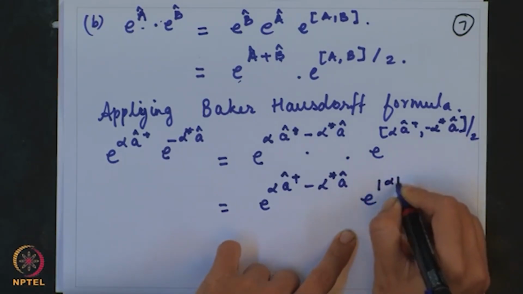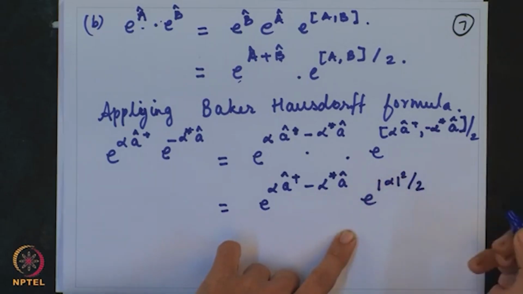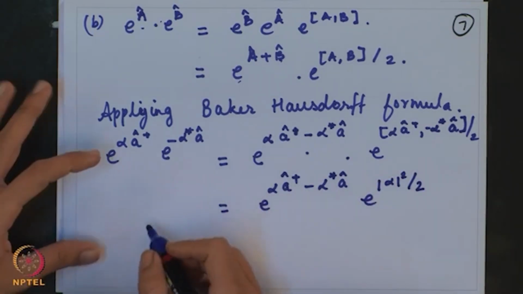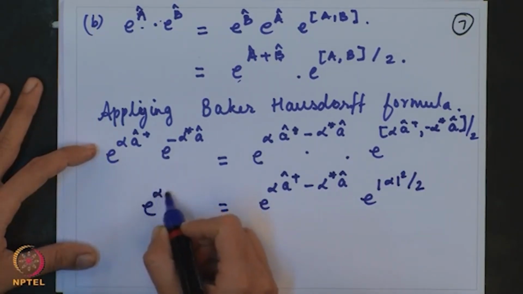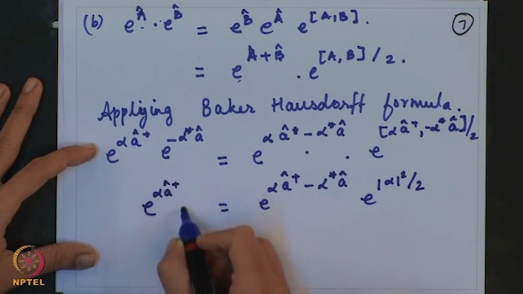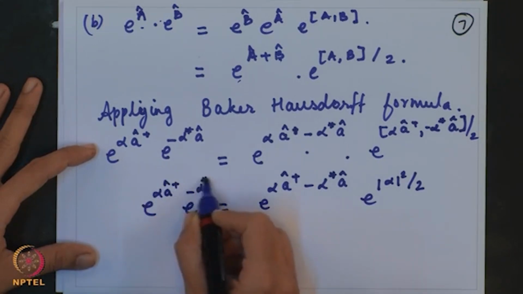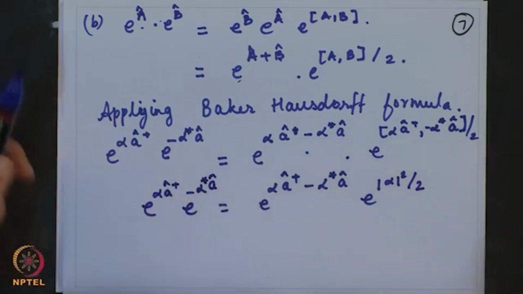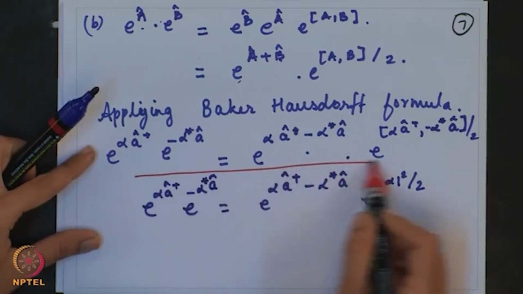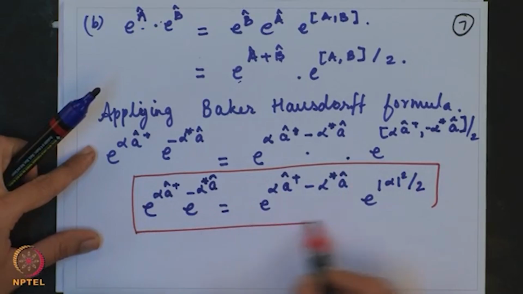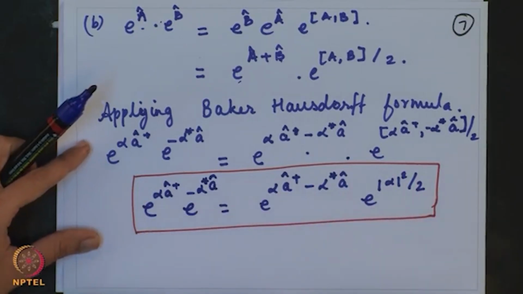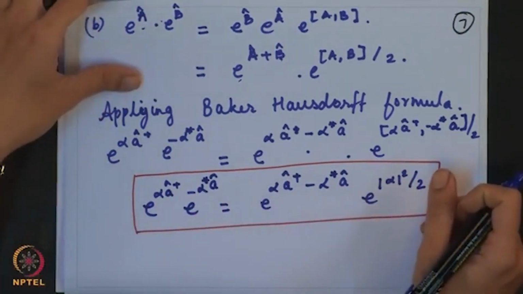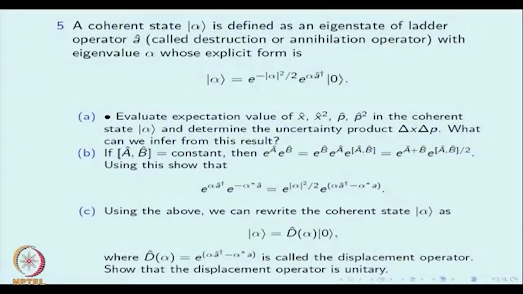So, I have alpha square by 2. So, this is what we have proved. It is just one step. Okay. These relations will be useful in proving other results also.